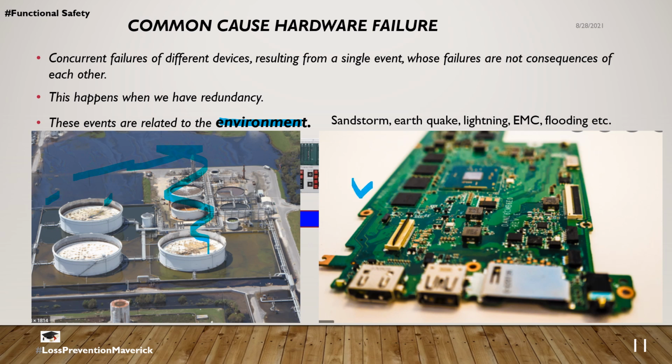Likewise, say there was some electromagnetic interference, or lightning which burnt across the control cables, or maybe a sandstorm, either because of a poorly designed ingress protection module, or because over time maintenance was not done, the gaskets were loose, and then the sand went inside the electronics and made it not work. Those kinds of failures which are because of the environment are called a common cause hardware failure.